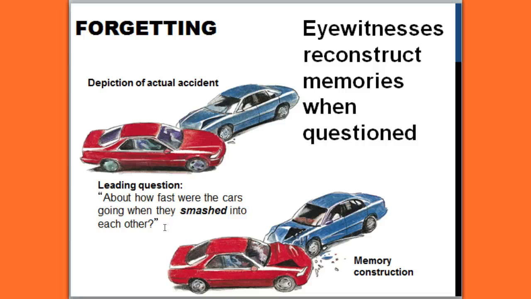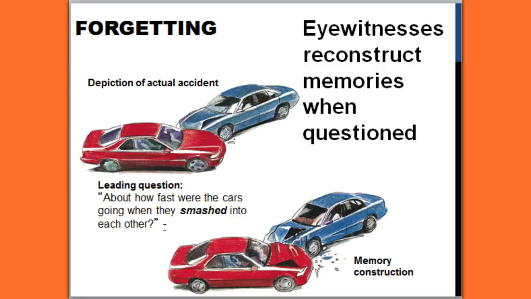Eyewitnesses are asked to report what they saw, and leading questions are used about how fast the cars were going. If the words used were, how fast were they going when they smashed into each other, versus how fast were they going when they bumped into each other, those asked with the word smashed will report higher speeds in their minds.